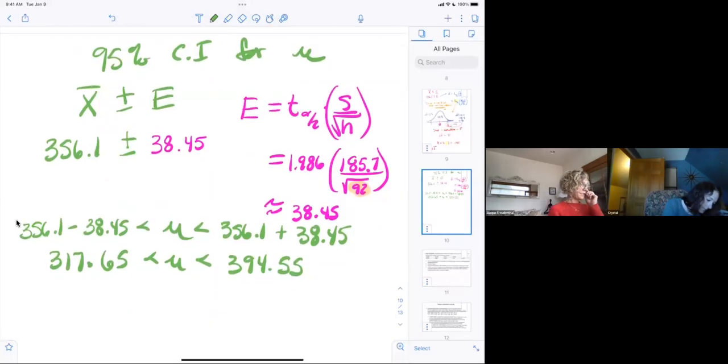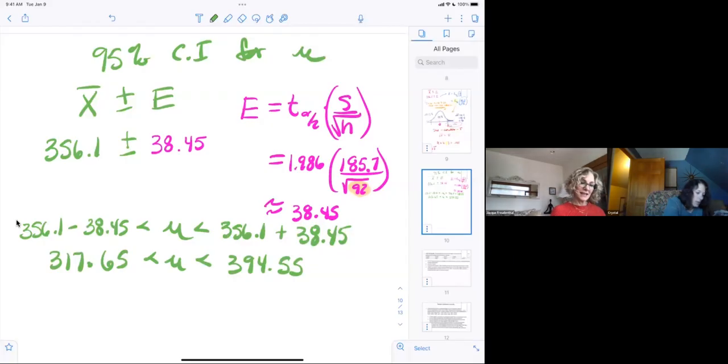And then you could write your sentence. I'm just going to speak it to save time because we're really crunched on time. I am 95% confident that the population mean number of licks required to get to the chocolate center is between 317.65 and 394.55.